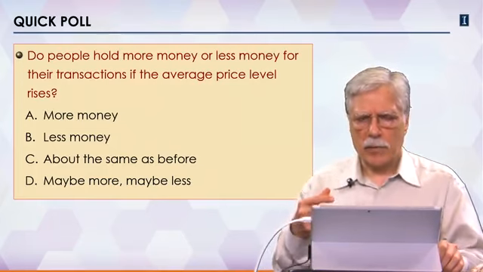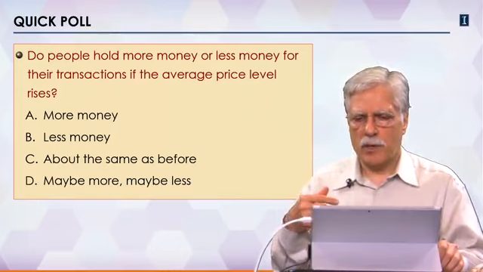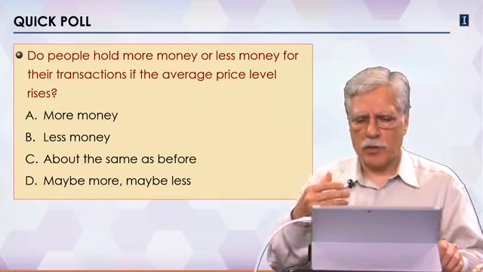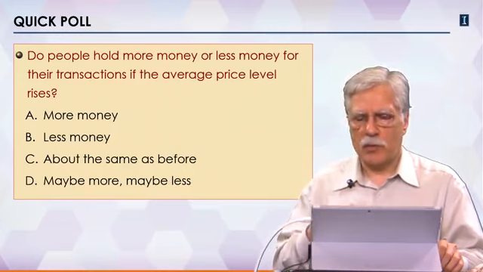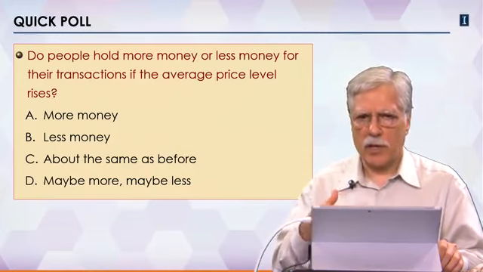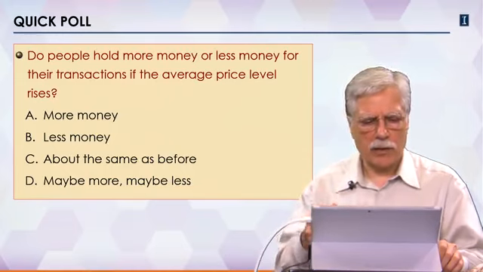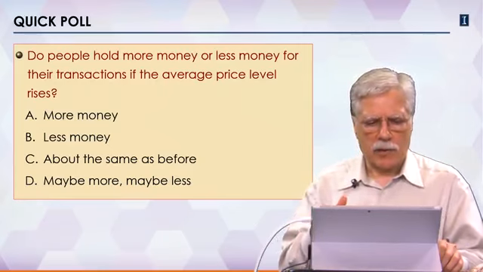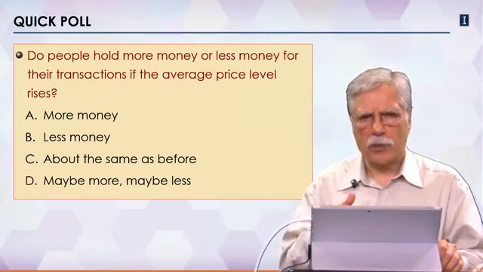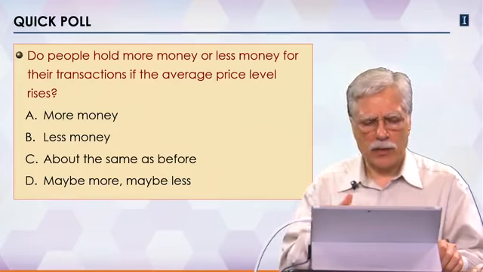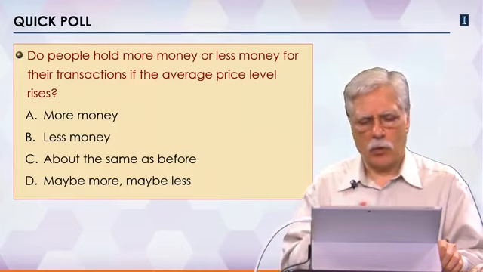And keep in mind that with the price level going up, people who also sell goods earn more income, nominal income, so that their real income remains the same. So nominal income is rising with the price level. With that in mind, let's think about this. If price level goes up, would people want to hold more money, less money, about the same, or maybe more, maybe less?